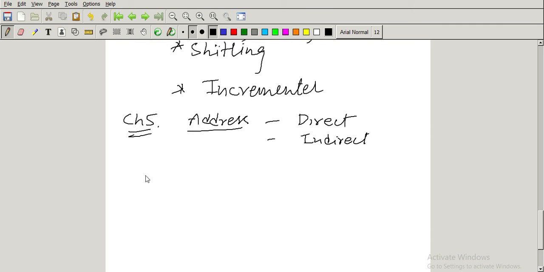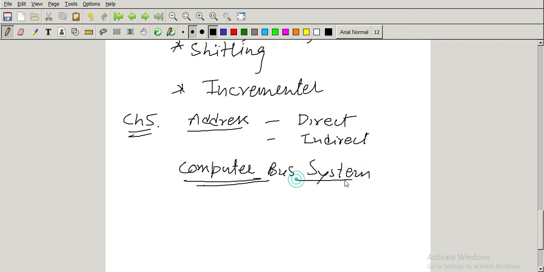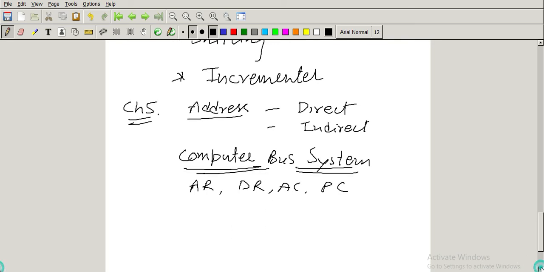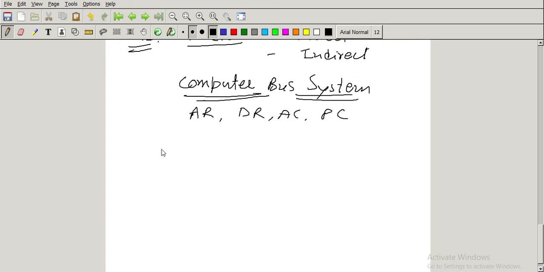Then we have basic computer architecture, including the bus system, the computer bus system, right? This is a diagram which contains all the basic registers like AR, DR, AC and PC, and it is the architecture of the basic computer, in which they can ask you to draw a basic computer architecture.